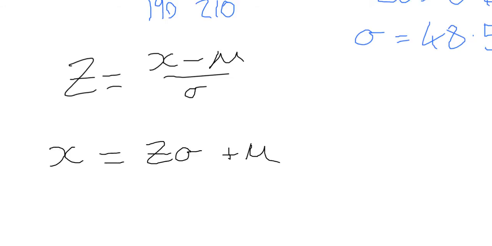In other words, x is the mean plus how many z's we are times the standard deviation. It's how many standard deviations away from the mean something is.